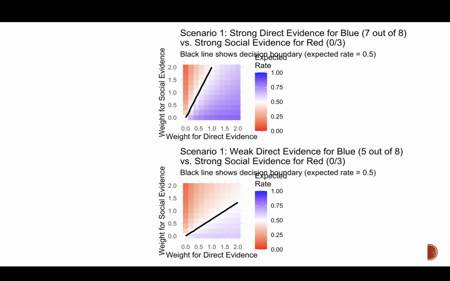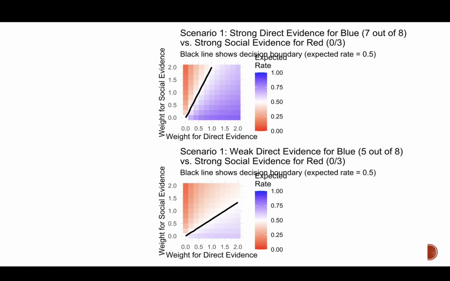Below here, we have weak evidence for blue in the direct perception and strong social evidence for red, right? And what we see is that, again, we have a trade-off between picking blue and red, which is not symmetric, right? And there's more red than blue, but not as much as before.